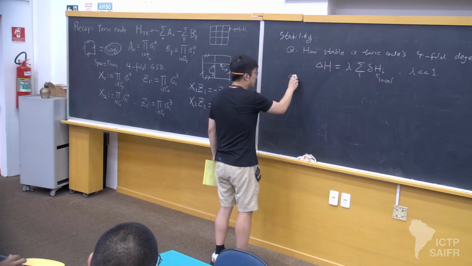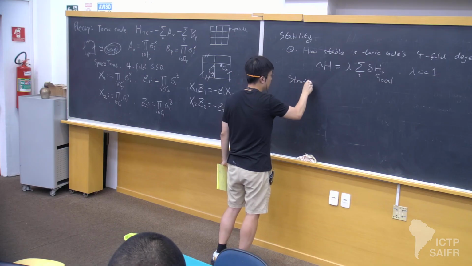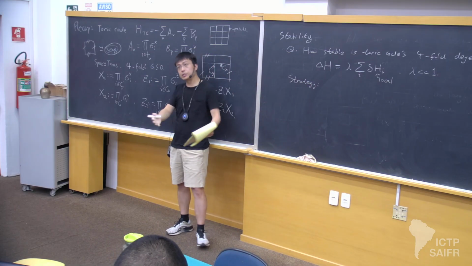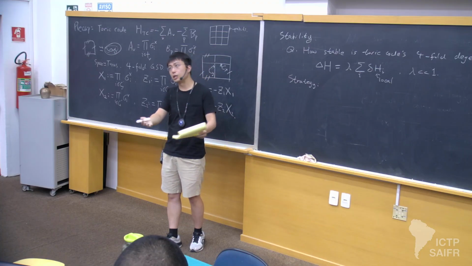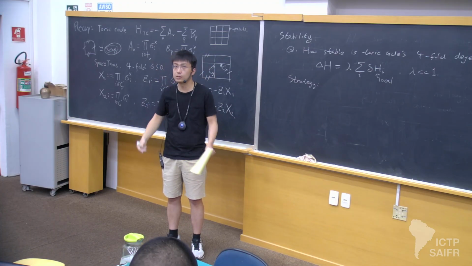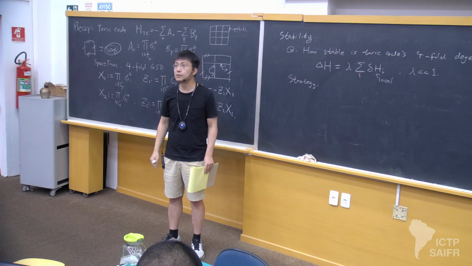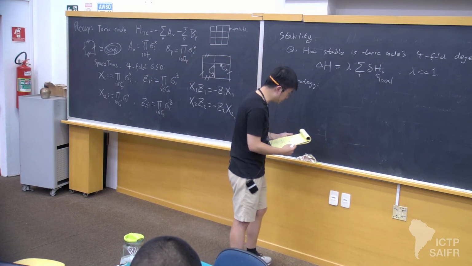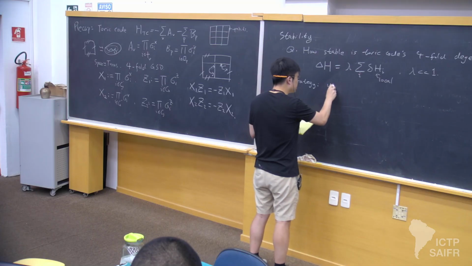So the strategy: whenever you see some funny-looking degeneracy of ground state, actually for any state, but let's specifically talk about ground state, when you try to analyze the stability, you use degenerate perturbation theory.